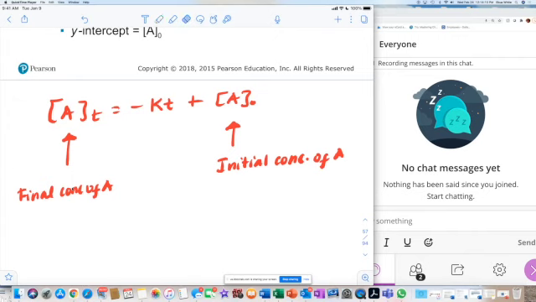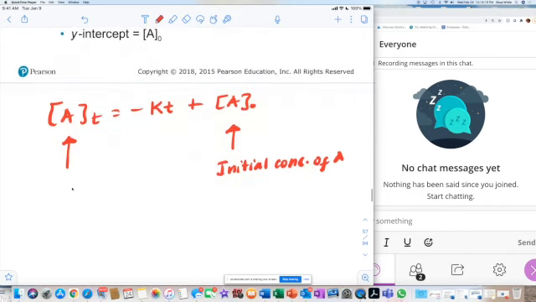So the word final here is not the correct term. It's just the concentration at a certain time t, because the reaction may continue.